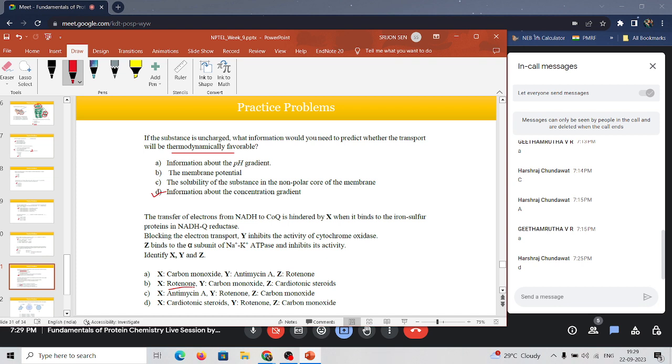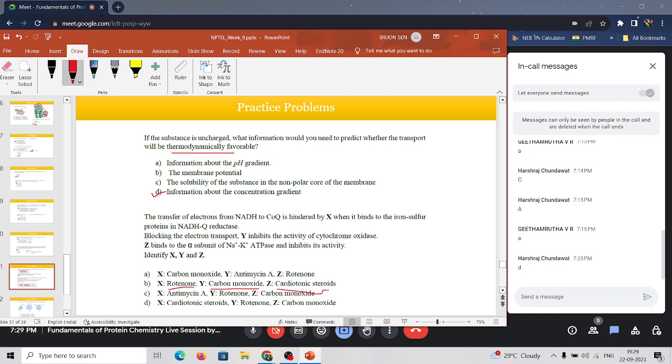Now you have different molecules that actually inhibit your cytochrome oxidase by blocking the electron transport. You have cyanides, azides, hydrogen sulfides, and even carbon monoxide. So these molecules inhibit your cytochrome oxidase, and finally cardiotonic steroids bind to the alpha subunit of this ATPase and inhibit its activity.